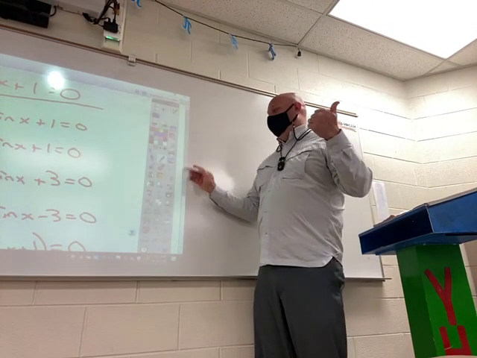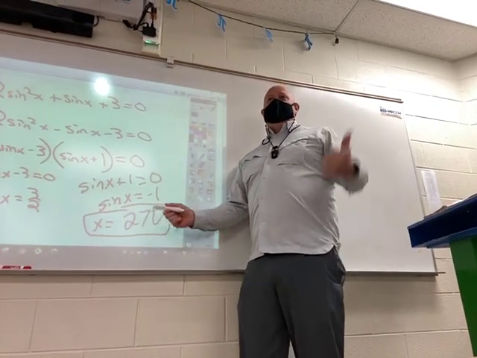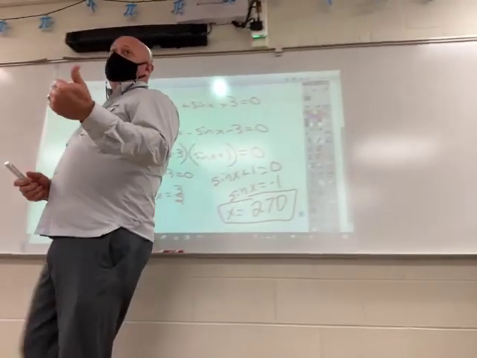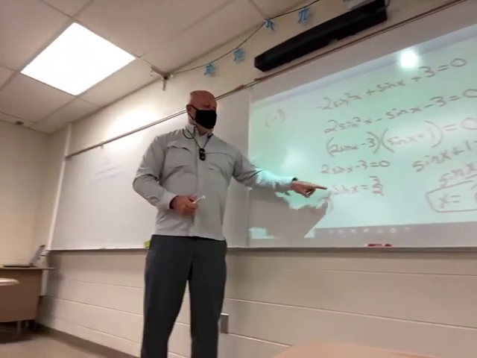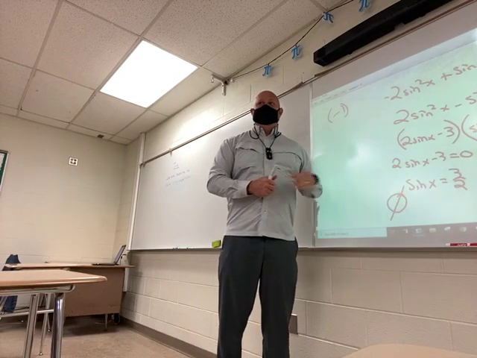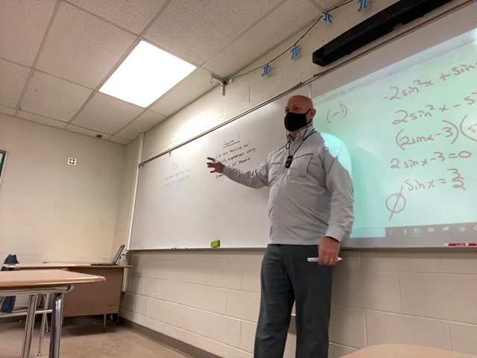We need to know our table and our quadrantals to be able to solve this, right? We need to know our quadrants. We also need to know the graphing chapter, because that helps us figure out when sine equals 3 halves. This one problem took a lot of different types of questions.